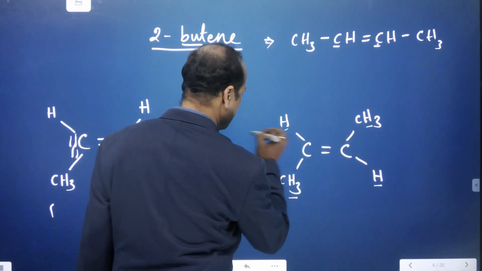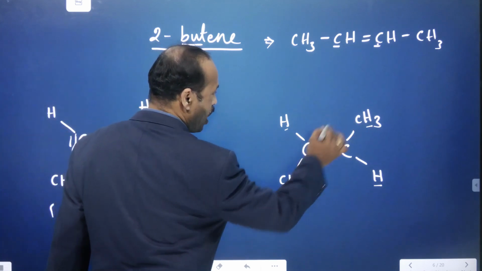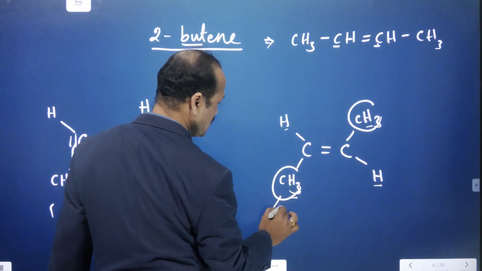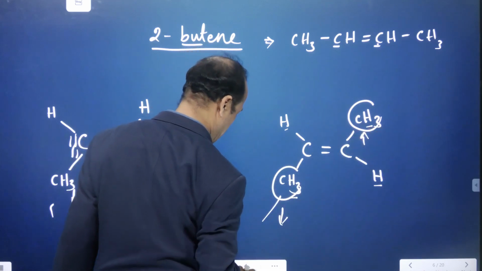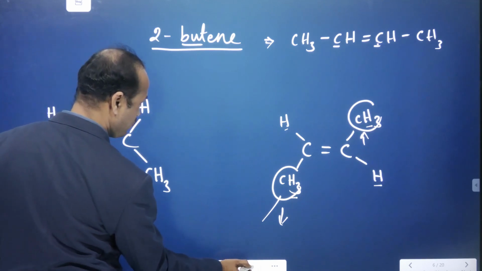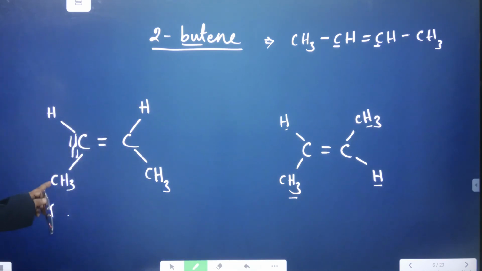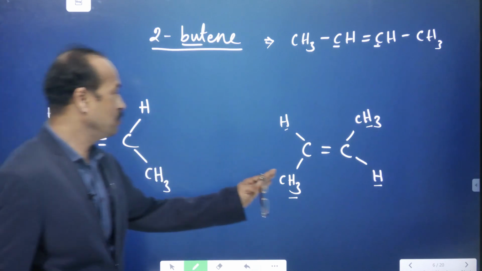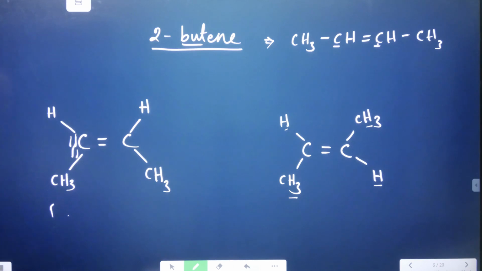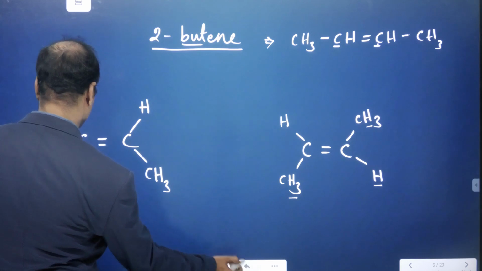Here the 2 methyls are on one side, but here the 2 methyls are on opposite sides. One methyl is upward and one is downward, whereas here both methyls are downward. Any doubt?